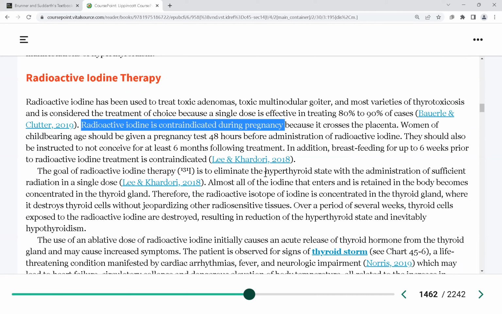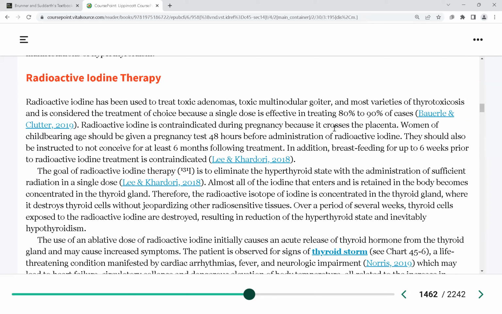Yes. So what should be done before we start radioactive iodine? A pregnancy test, and that's it. So they just test if they're pregnant, and if it's negative, we start the treatment? No. You would have a conversation and find out if they're planning to get pregnant.